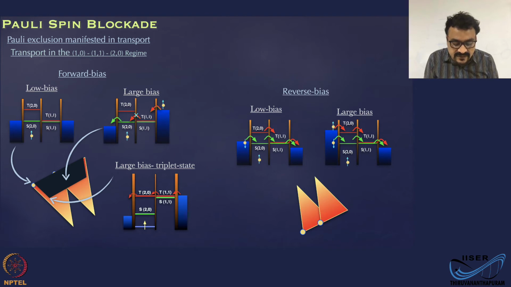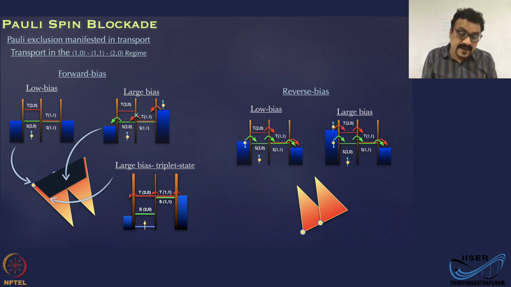Similarly, when I have the labels S(2,0) and T(2,0), that means you have both electrons in the left dot, or dot 1, and this is the singlet state and this is the triplet state. So you can see naturally, as we discussed in the previous slide, that the singlet triplet splitting for a single dot, that means the (2,0) configuration, is large. Whereas the singlet triplet splitting for the (1,1) state is small. This is the spacing between these red and green lines.